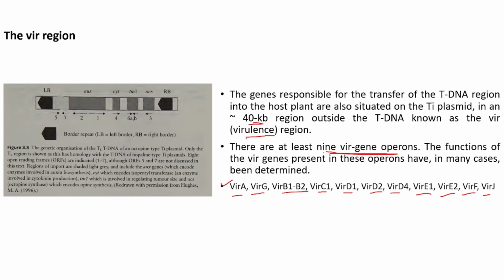This is a very long process, and if you have watched my video on how the tDNA is transferred from the bacterium into the plant cell, then you will get to know the function of each of these VIR operons.